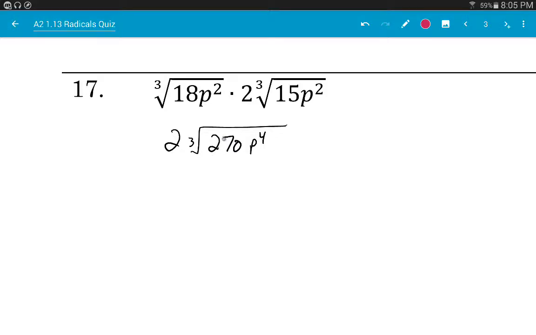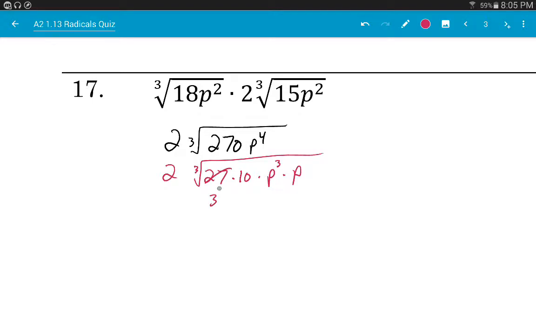Now, cube roots that go into 270, because this is a cube root question, is going to be 27 times 10. The p to the 4th is going to get broken up into p to the 3rd with a p left over. All underneath the cube root still with the 2 in front.